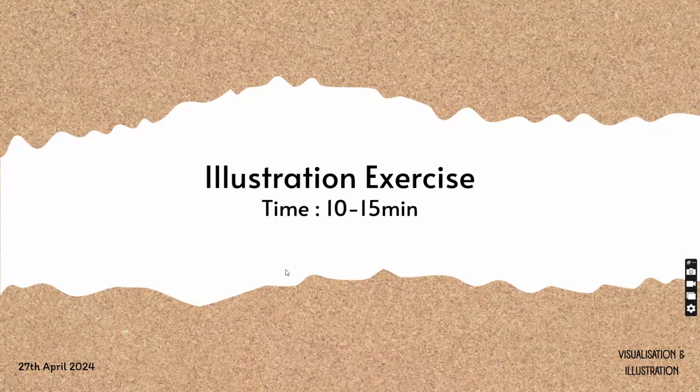So this is our last exercise for illustration, where we are going to make an infographic. How many of you have drunk tea or made tea once in your life? Can anyone tell me the process of making tea?